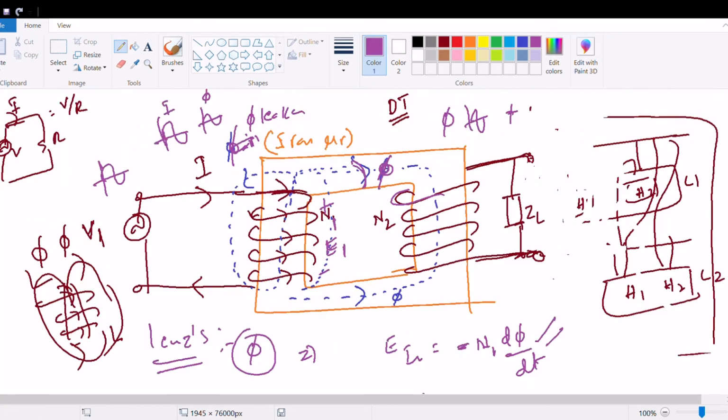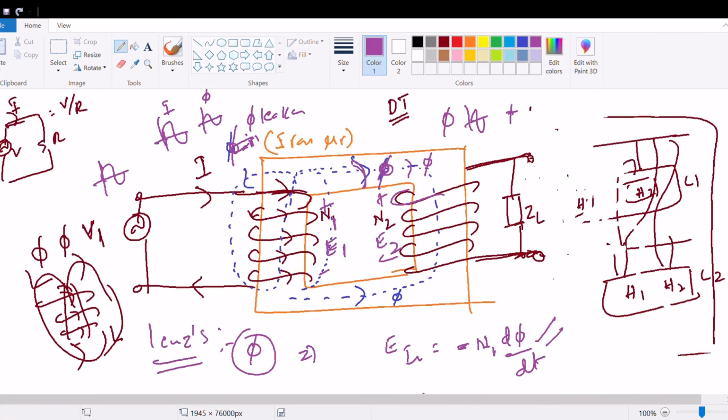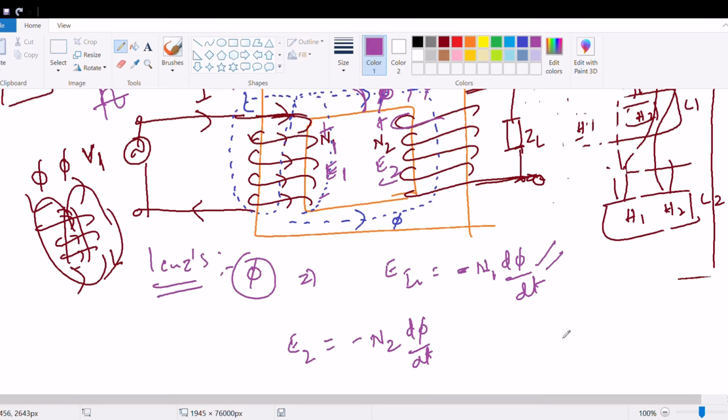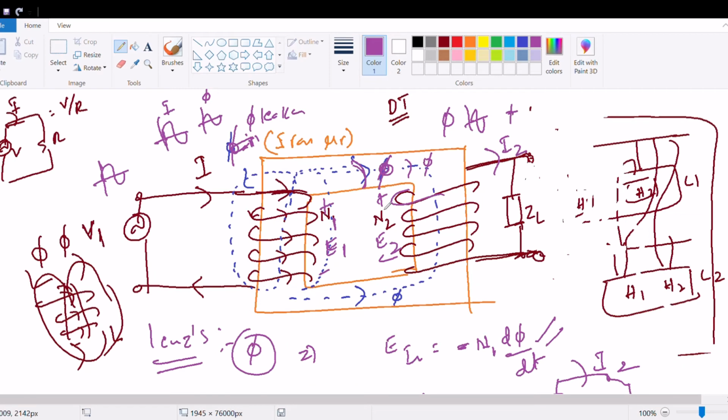The flux is constant throughout the medium, it is the same flux. Therefore an EMF is induced here also. Let us consider these conductor terminals having an induced EMF E2, and these terminals are connected to the load, and you get a current I2. If you connect a load, current will conduct, therefore current I2. This is the basic idea of how a transformer works.